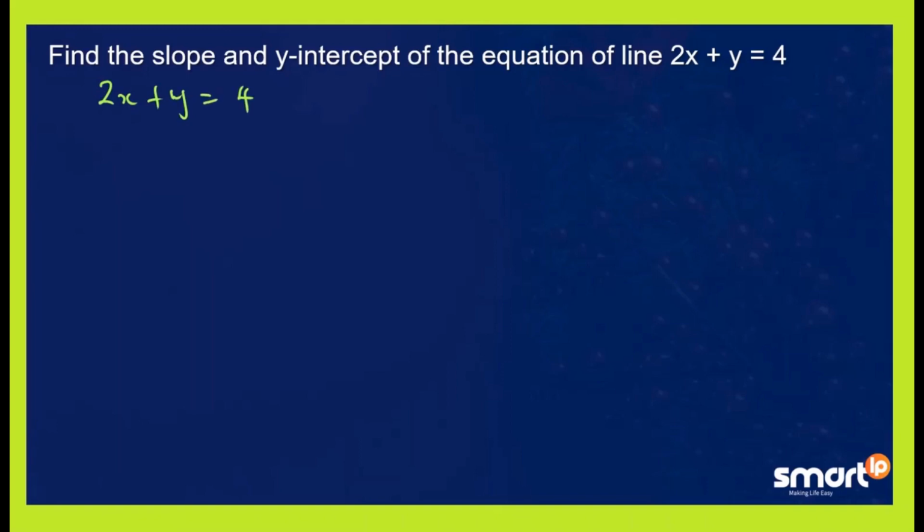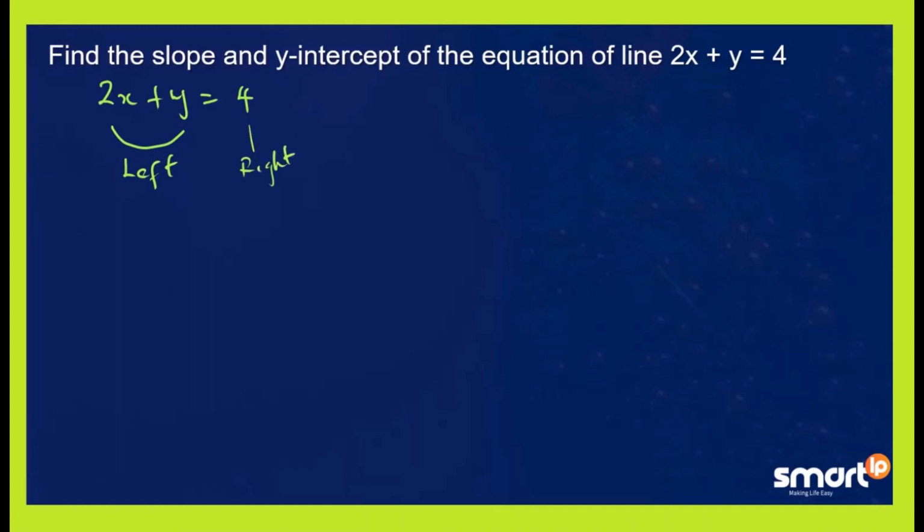So the first thing you're going to do, which is step 1, is make y the subject of the formula. To make y the subject, first I'm going to do some isolation. You look at 2x and y, they are both on the left hand side, while the 4 is on the right.